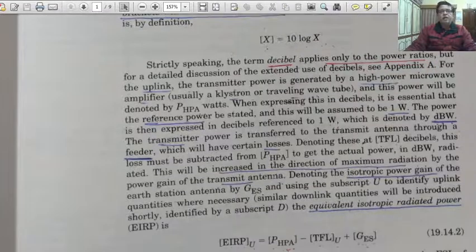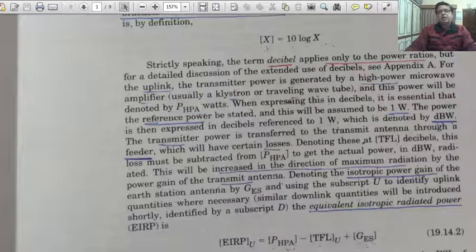For the uplink, the transmitter power is generated by a high power microwave amplifier, usually a klystron or traveling wave tube, and this power will be denoted by PHA watts.